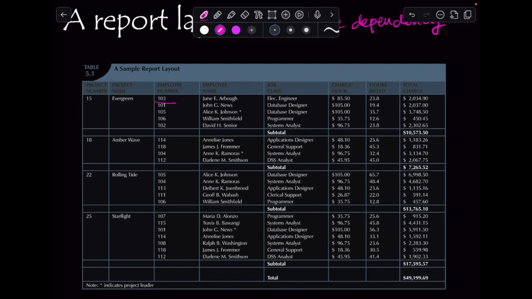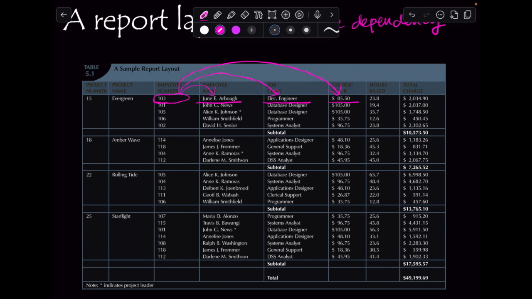Let's say employee number 103 is given, then what you can determine, as I told you, we know there is one specific name, and even we know what is his or her job class. And if we know job class, what can we determine? We know how much we pay. So here, given employee number, we can determine name, job class, and even how much we need to pay. But behind this functional dependency, if you carefully observe this, you can easily figure it out.